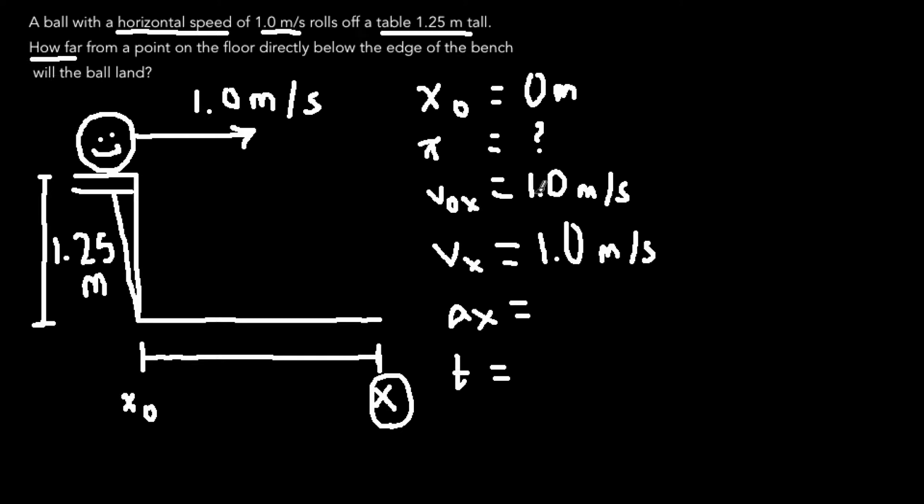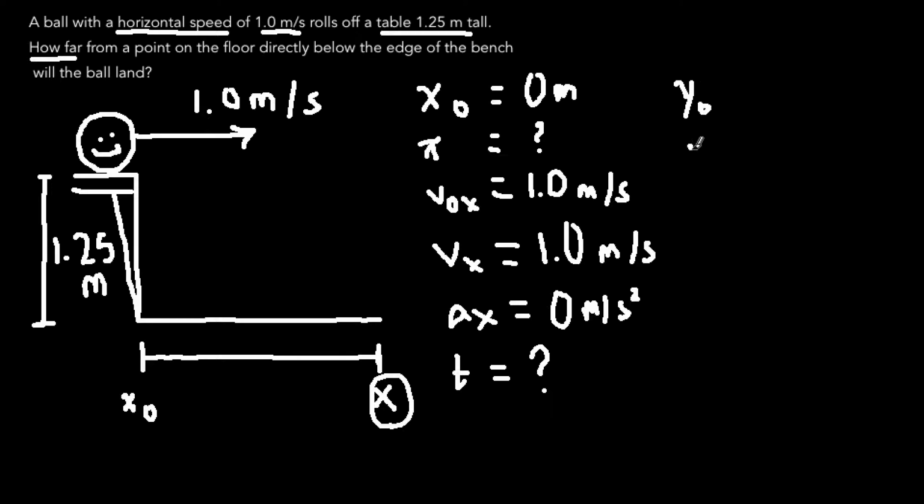Because there is no change in the velocity, the acceleration is 0 meters per second squared, and the time, we don't know how long it takes for the ball to fall. So that's what we know about the x's.